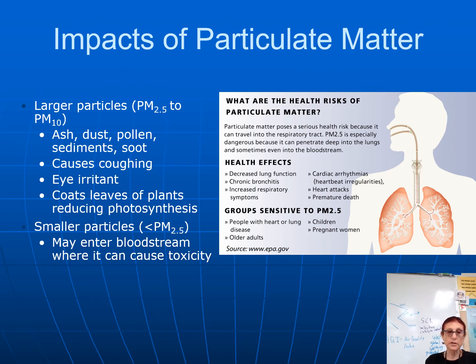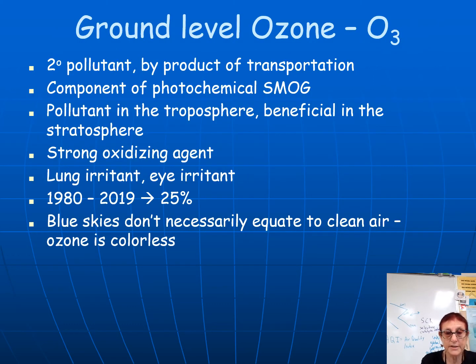So decreased lung function, chronic bronchitis, irregular heartbeats, heart attacks that don't kill you, and potentially premature death are all things that can occur from exposure to particulate matter. Any questions on that?